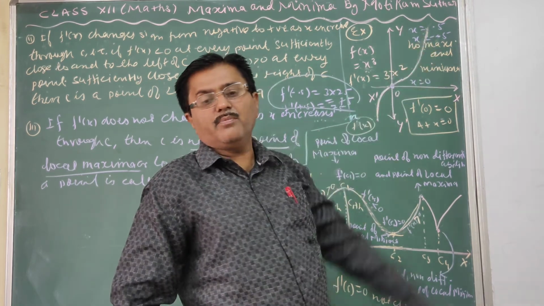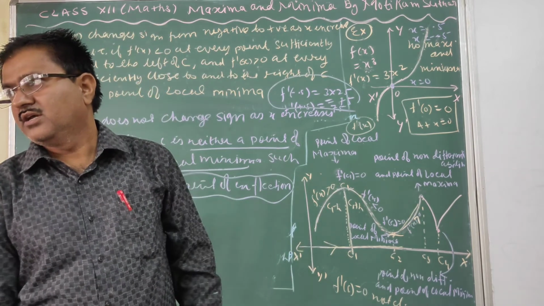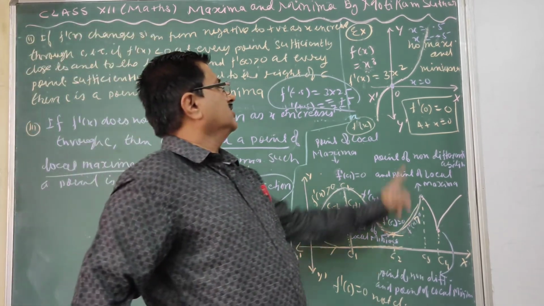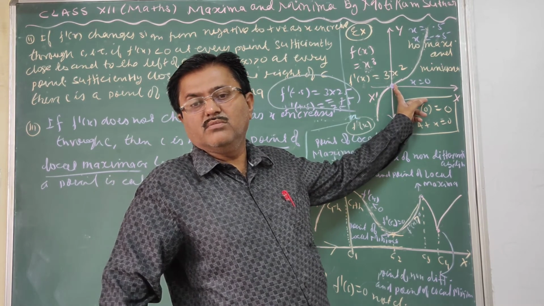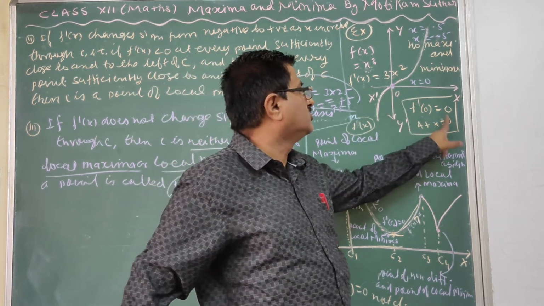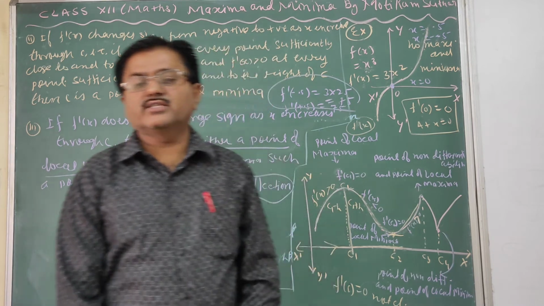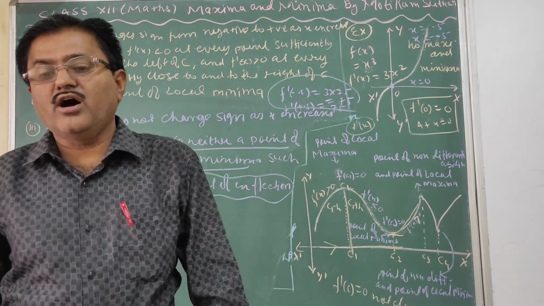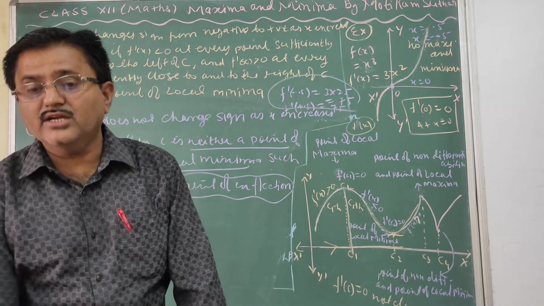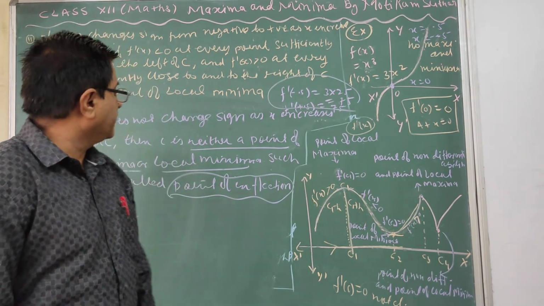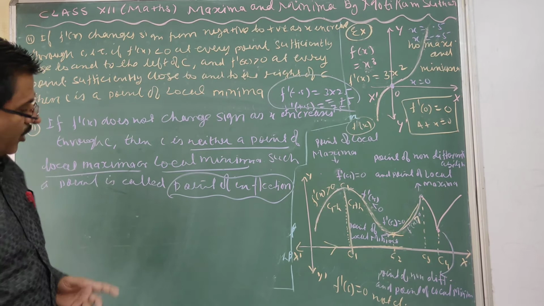And with the help of the first derivative test, we have checked this function has no maxima and no minima. So this x equal to 0 is called the point of inflection. This is clear? So here we are taking two: one is a critical point and the other is a point of inflection.